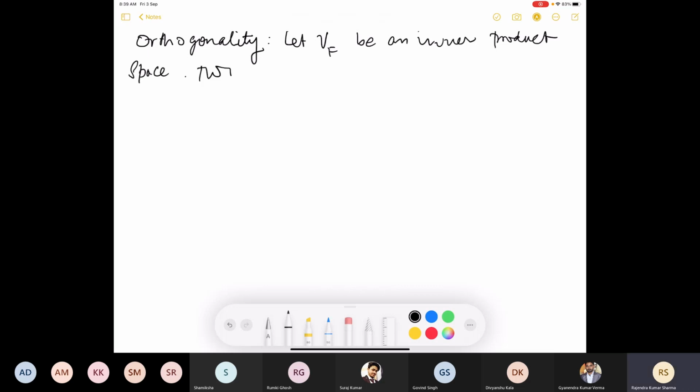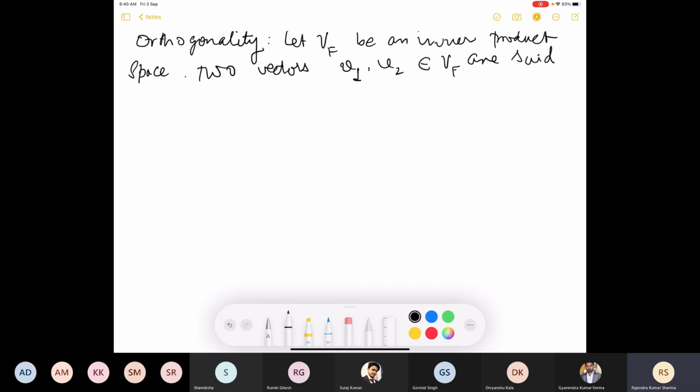So two vectors, let us say V1 and V2 in V over F, are said to be orthogonal, or V1 is said to be orthogonal to V2.